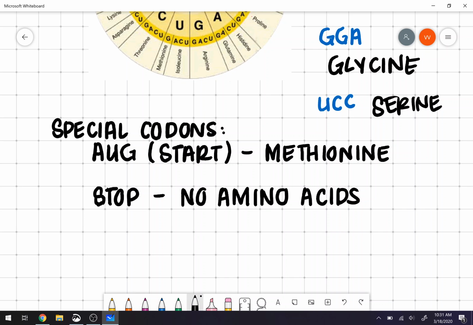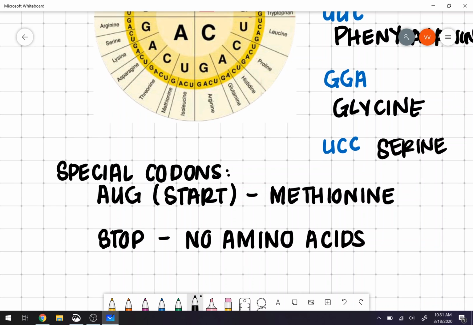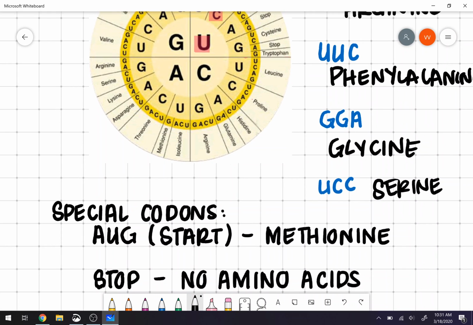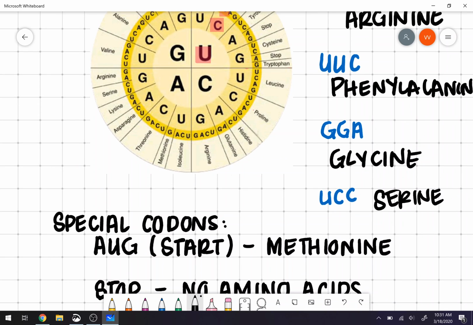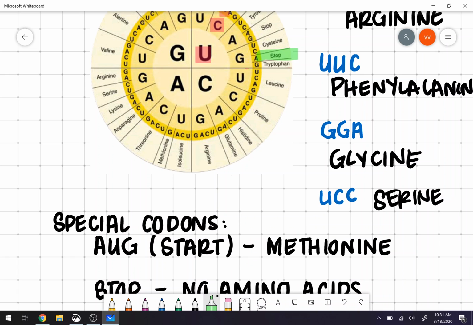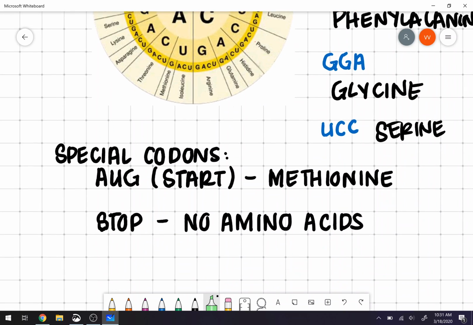Like, I'm not going to continue to make the protein, I'm just going to finish the protein here. The stop codons can be found on here, wherever it says stop. There are 3 stop codons: UAA, UAG, and UGA.